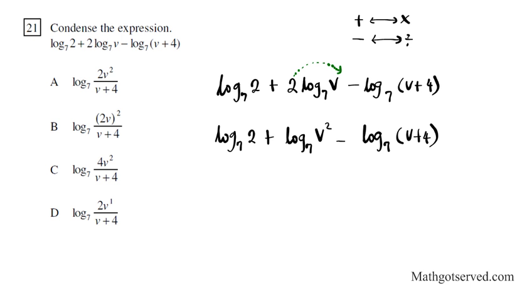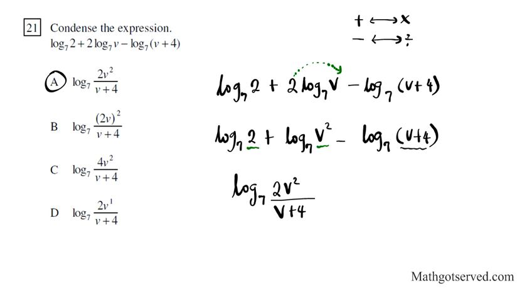Since we're adding these 2 logs, these 2 arguments are going to be multiplied by each other. Don't touch the base. So we're going to have in the numerator log base 7 of 2v squared. And then this argument, you have a minus, so this is going to be divided by v plus 4. So there you have it. This one is option letter A.